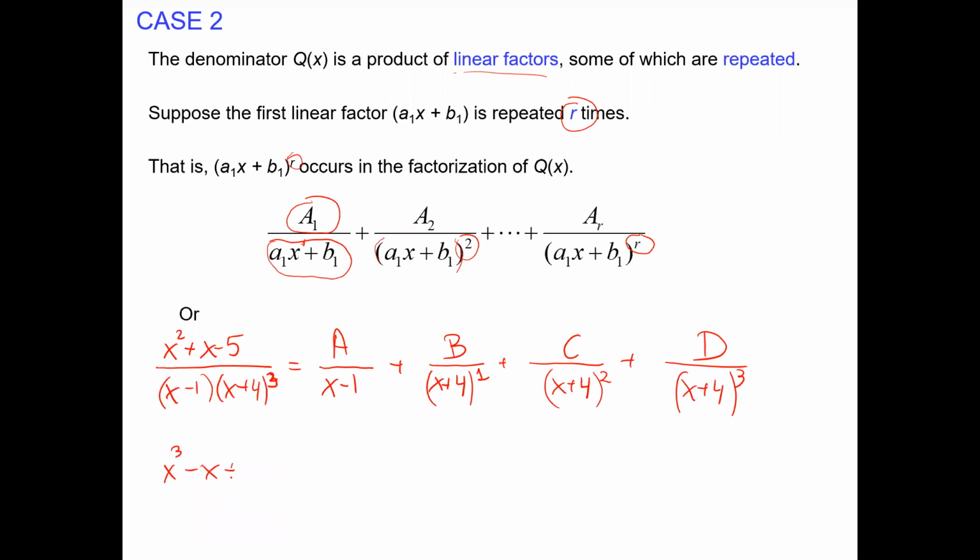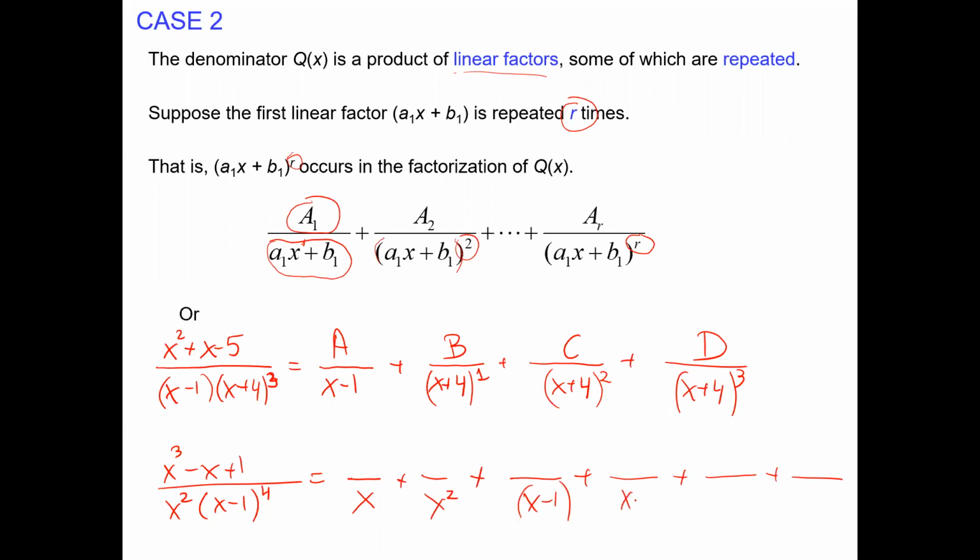x cubed minus x plus 1 over x squared times (x minus 1), let's say to the power of 4. Okay, as we can see, we have x squared. This means that we will expect denominators x and x squared. Then (x minus 1) to the power of 1, (x minus 1) to the power of 2, (x minus 1) to the power of 3, and to the power of 4.